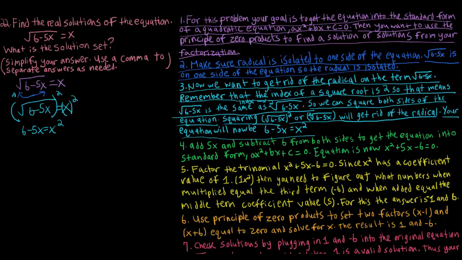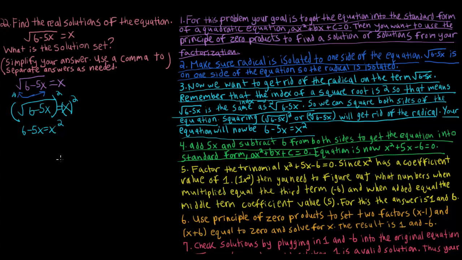Now for step 4, we want to add 5x and subtract 6 from both sides to get the equation into standard form, ax squared plus bx plus c equals 0. The equation is now x squared plus 5x minus 6 equals 0.